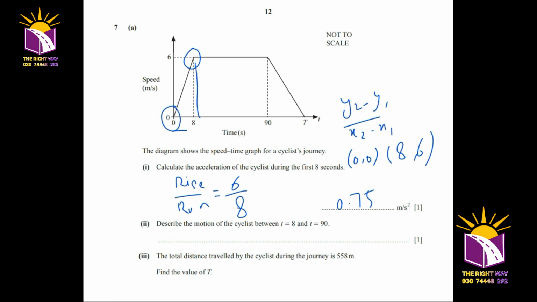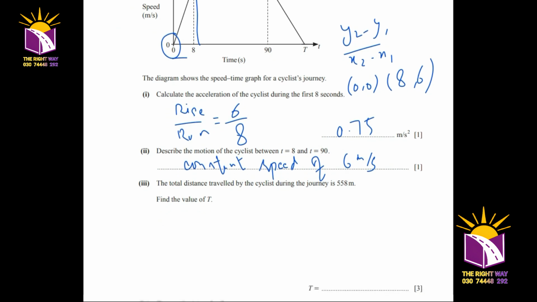Describe the motion of the cyclist between the time 8 and 90. It is moving with a constant speed of 6 meter per second. The body is moving with a constant speed of 6 meter per second.